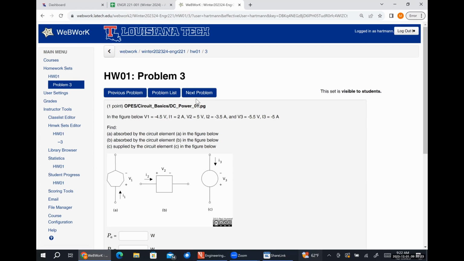Hannah, for element C, is the current flowing into the positive polarity terminal or the negative polarity terminal? Flowing into the negative polarity terminal. Since I'm asked to find supplied power, do I need to add a negative sign or not? I do not.